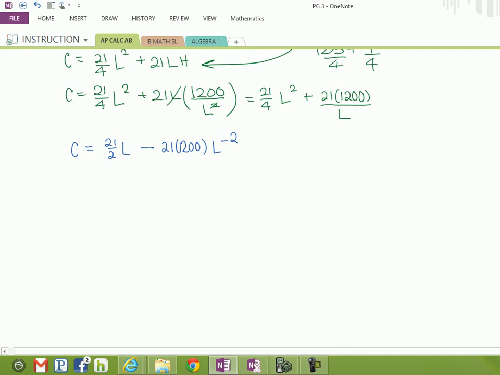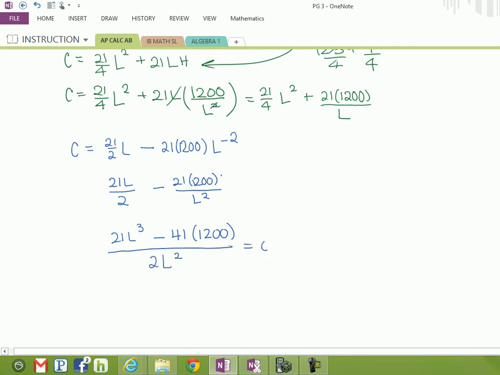Alright, so this is 21L over 2 minus 21 times 1200 over L squared. So we're going to multiply this one by L squared and this one by 2, over L squared times 2.